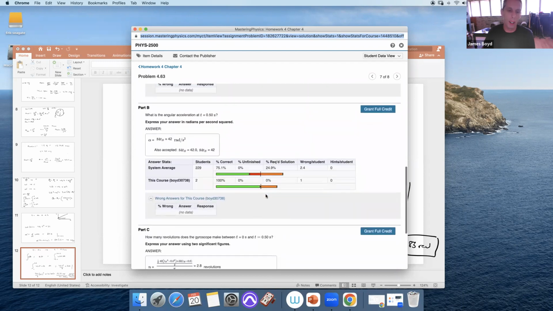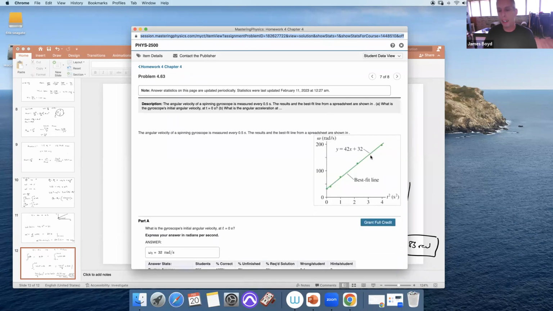This one's all about the fact that it's omega versus t squared. Because of that, you have to take the derivative to get alpha, and you have to take the integral to get theta.